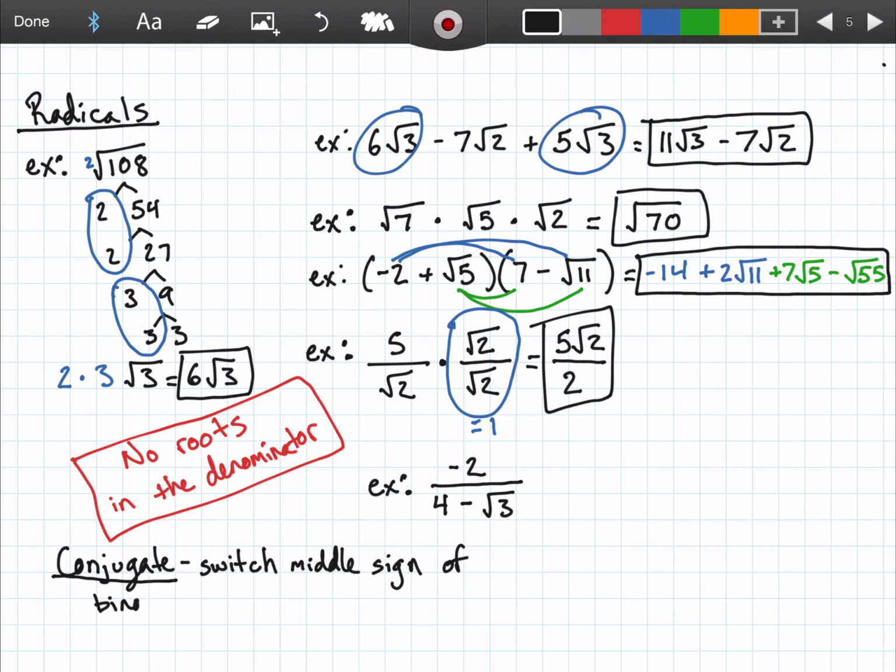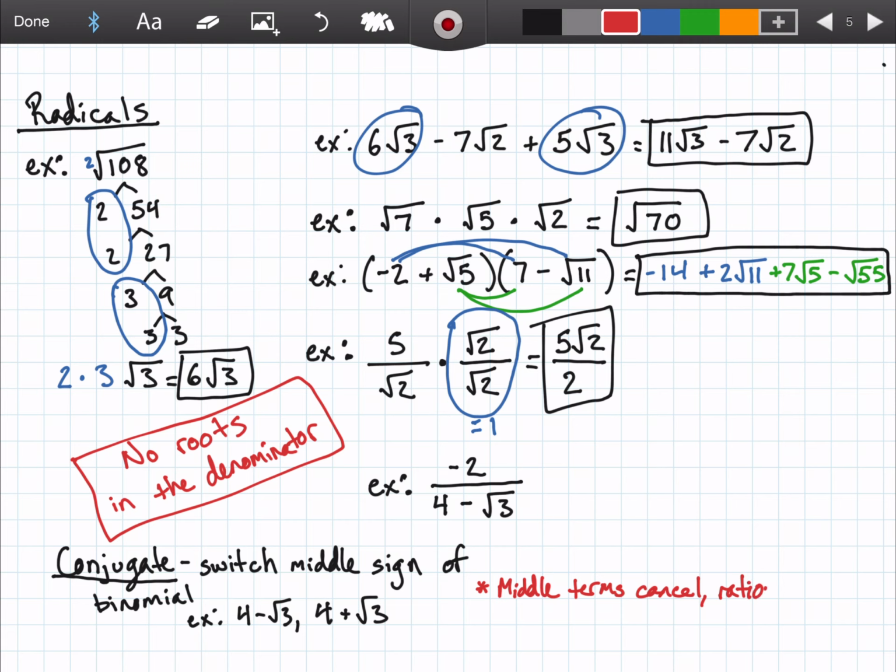Basically, you're going to switch the middle sign of a binomial. So if I have 4 minus root 3, it's going to be 4 plus root 3. And the really important things with conjugates, the middle terms cancel, but most importantly, it rationalizes your expression, meaning we will be left with no roots.